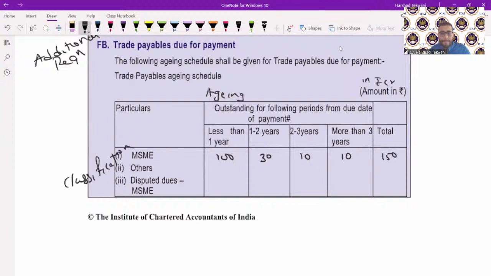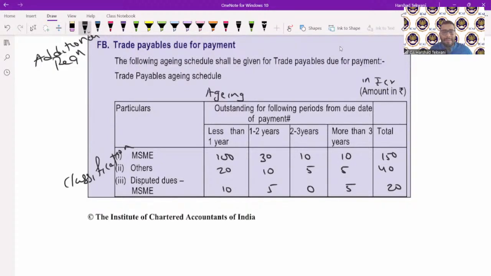Same way, others, let's say for example, 20, 10, 5, 5. Disputed ones, 10, 5, 0, 5. Okay. Now, just understand, hypothetical example, if this is given, then why is this asked?